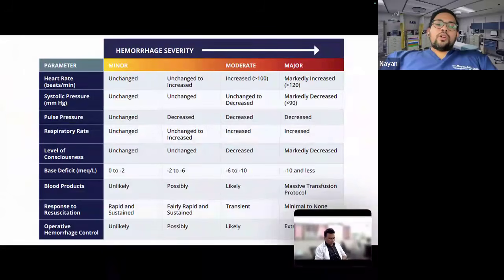Instead of GCS, they have kept just a brief level of consciousness. So you can use the AVPU scale for this level of consciousness. And urine output was also removed because we cannot sit down for 1 hour and measure the urine output in a hemorrhagic shock patient in the ER. So they have just written it as a response to resuscitation. And so this is more dynamic and physiology oriented.